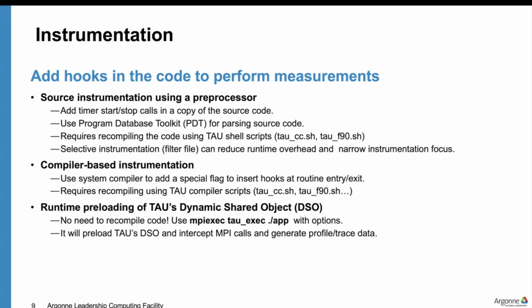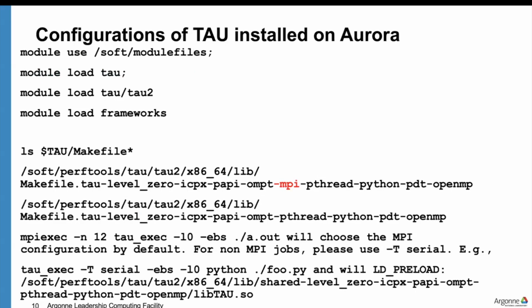So how do you use Tau? First, you must use a module use command to use the soft module files, then load a Tau module, and we have added some new features to Tau that I want to show you. So if you load the Tau2 module instead of the default 2.34 released one, it will give you the latest version of Tau, the GitHub release, where you can easily instrument Python codes for AI applications.